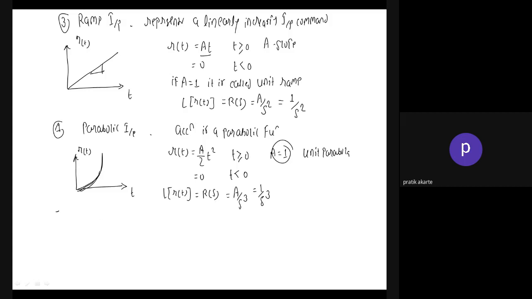The last type of input is sinusoidal input.